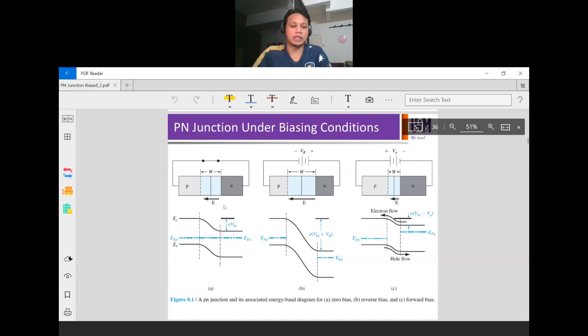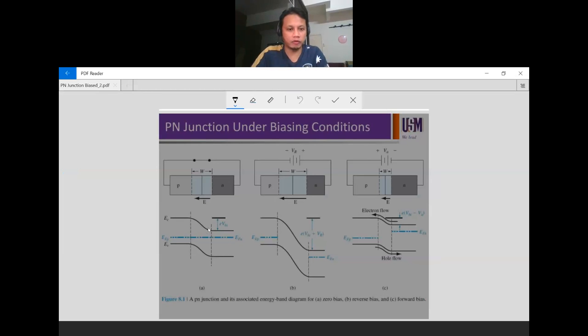We've discussed last time that the moment your PN junction is stabilized, your potential barrier, the QVBI, is developed, and then you have a single Fermi level throughout your PN junction.